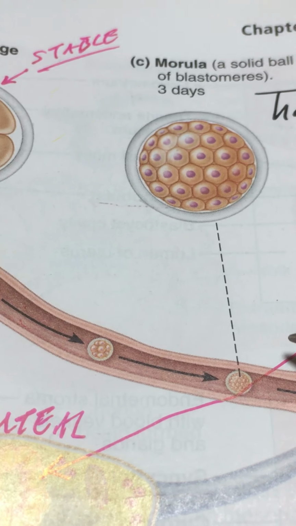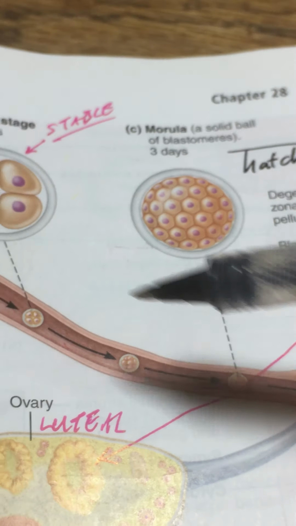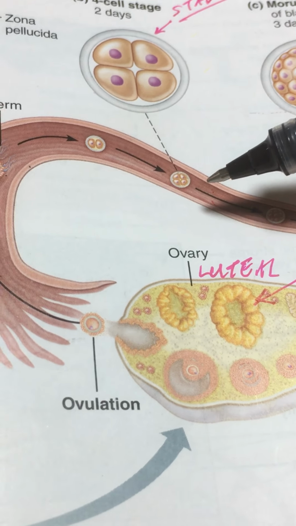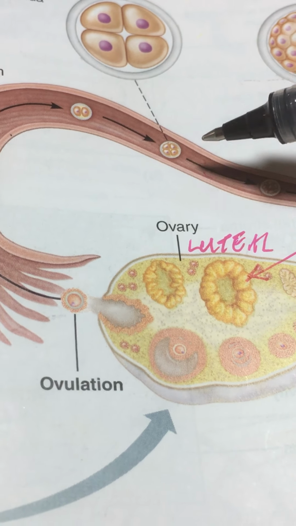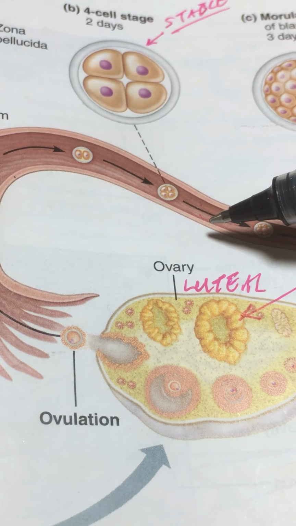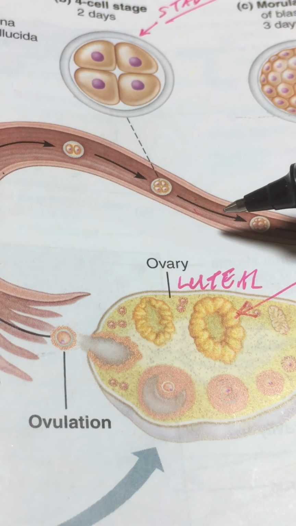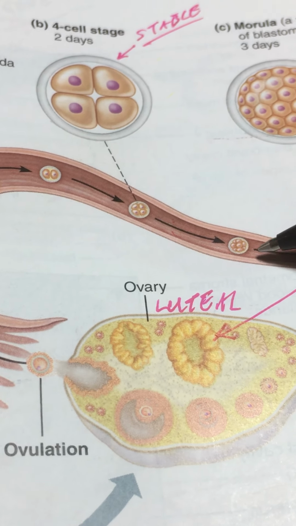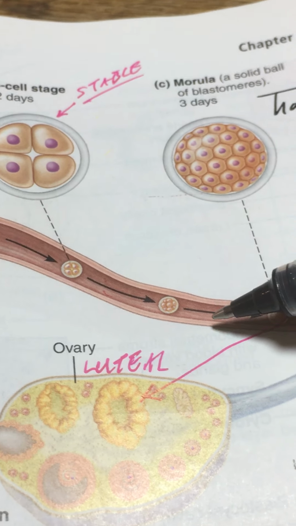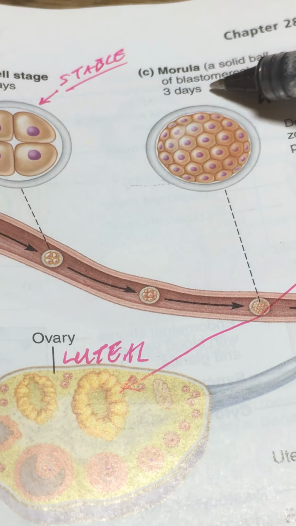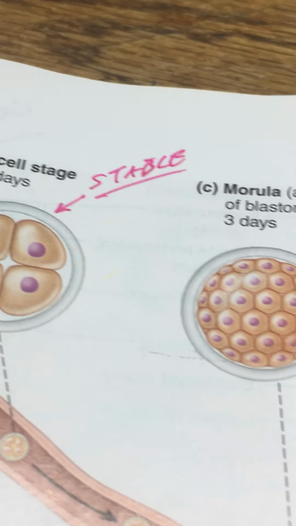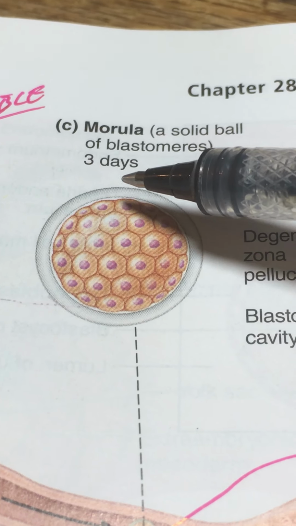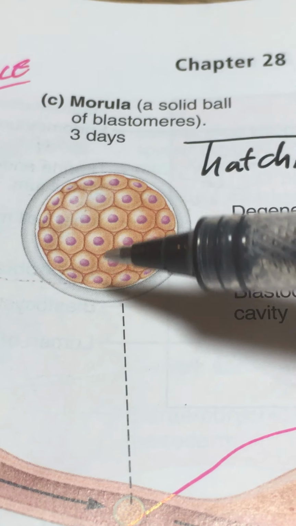Then we get multiple divisions further after that. Notice that we're still in progress now. This is a ciliated epithelial tissue lining that is gently brushing the developing blastocyst, in this case a morula, as we call it. The morula is the 3-day unit.